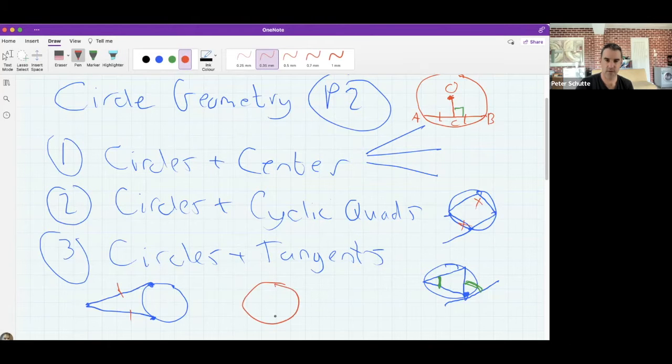The other tangent theorem is that if you've got a tangent, in fact, why don't you tell me what this is? If you've got a line from the center to the point of tangency, what do we know about that relationship? I want to know in the chat.